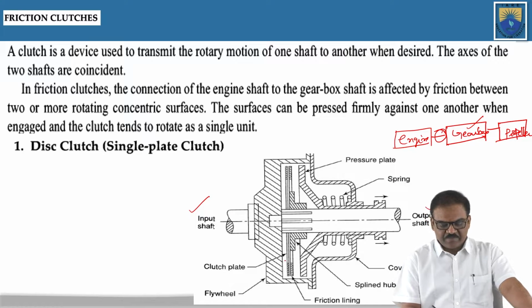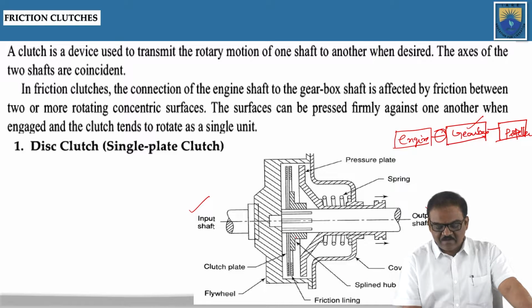Here, basically, in a disc clutch or single plate clutch, the clutch is inserted in the flywheel mechanism, where we have a flywheel mounted on the input shaft, and inside there is a clutch plate and friction lining, and this is a splined hub.